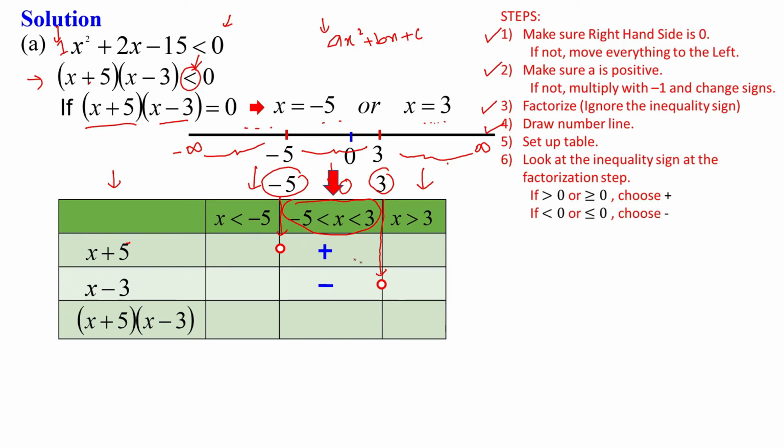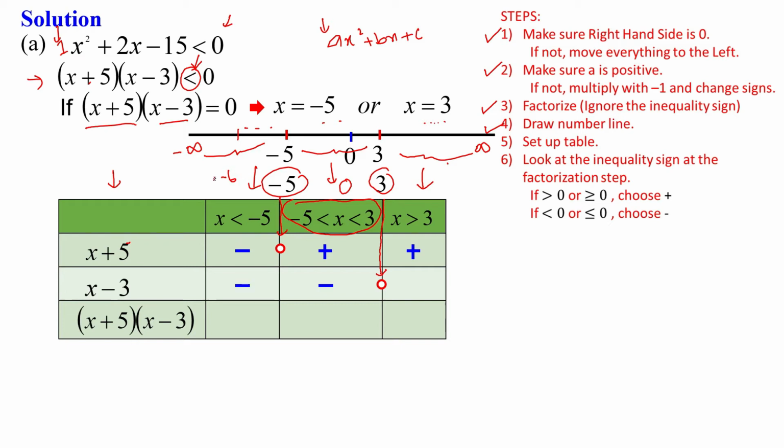Since you have these empty circles written there, which gives you the position that makes the factor 0, it makes our life easier by just plotting the same signs on the right side, because logically, if we choose any number greater than 3, let's say 4, it will always be positive, and on this column it will be negative, because when you substitute any number, let's say -6, it would be -1.